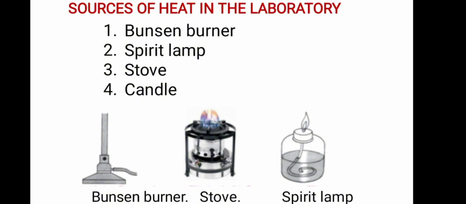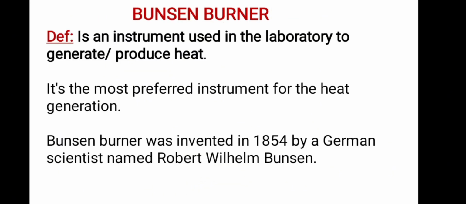Below the 4 sources, you look at the appearances in the form of pictures. Of the first 3: Bunsen burner, stove, and spirit lamp. Bunsen burner is one of the sources of heat in the laboratory. In very simple terms, we can say a Bunsen burner is an instrument used in the laboratory to generate or to produce heat.